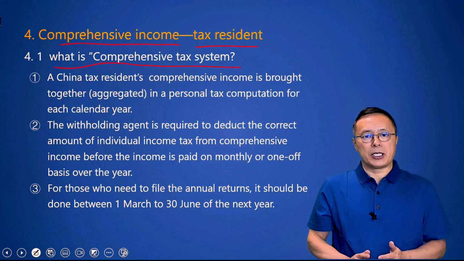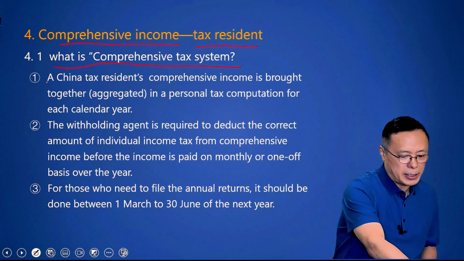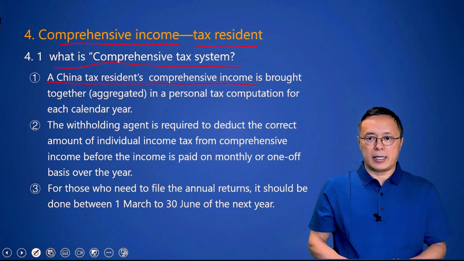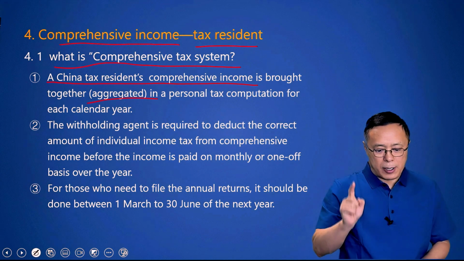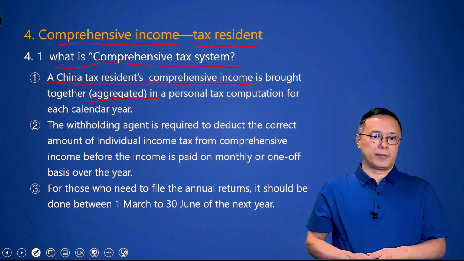There are four types of income included in comprehensive income and the comprehensive tax system. A China tax resident's comprehensive income is brought together. It means aggregated in a personal tax computation for each calendar year.